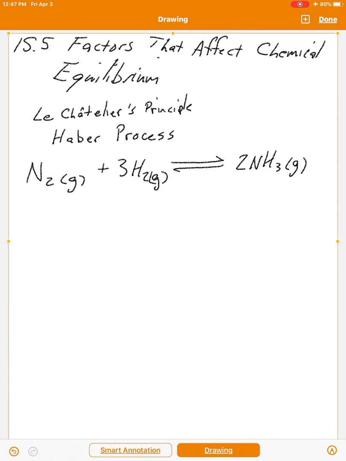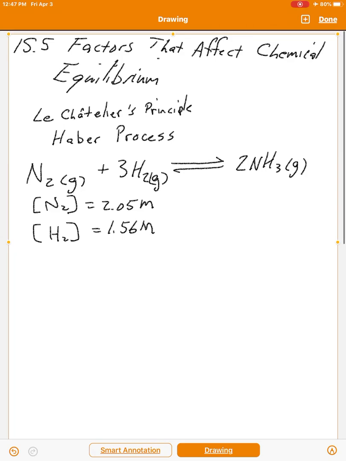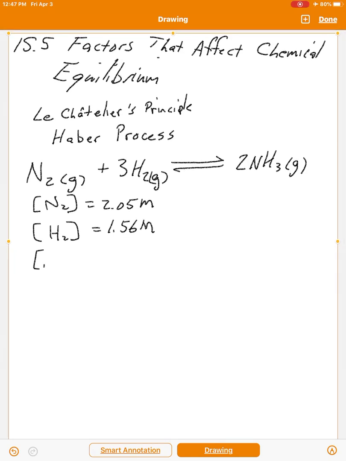What they do is they say, suppose that the concentration of nitrogen is 2.05 molar, the concentration of hydrogen is 1.56 molar, and the concentration of ammonia is 1.52 molar.